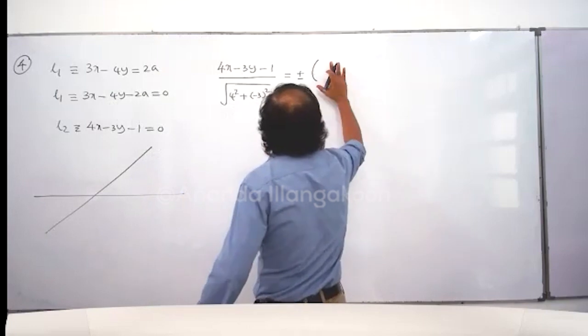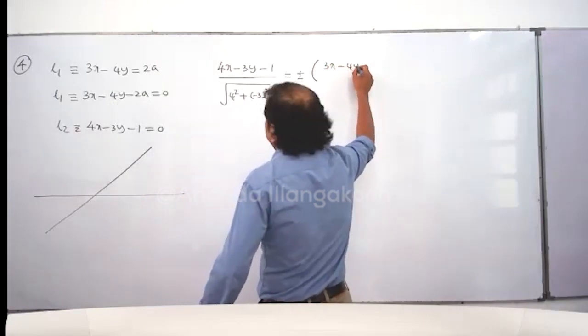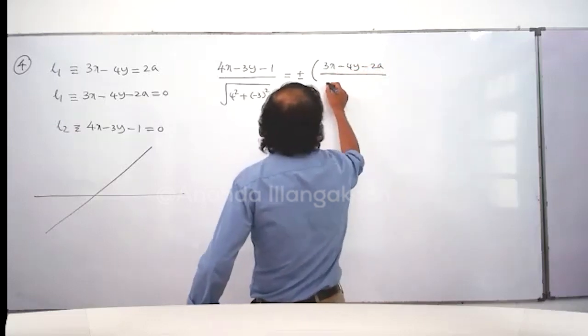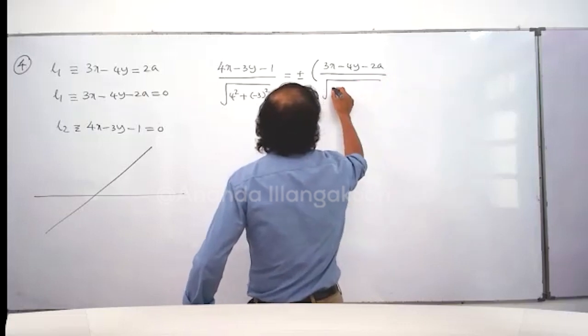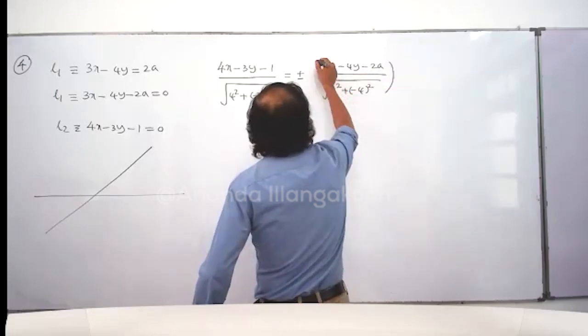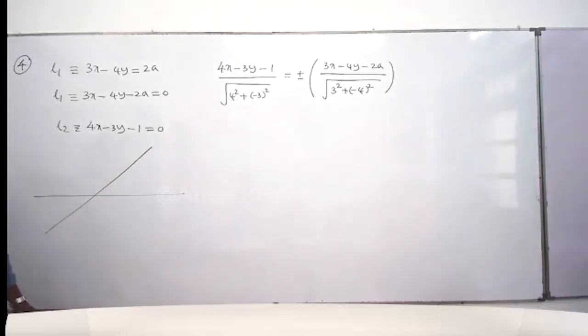Same thing we have to do to the right hand side also. 3x minus 4y minus 2a divided by the square root of x coefficient squared plus y coefficient squared. Okay. This is how we write the equations of the bisector.